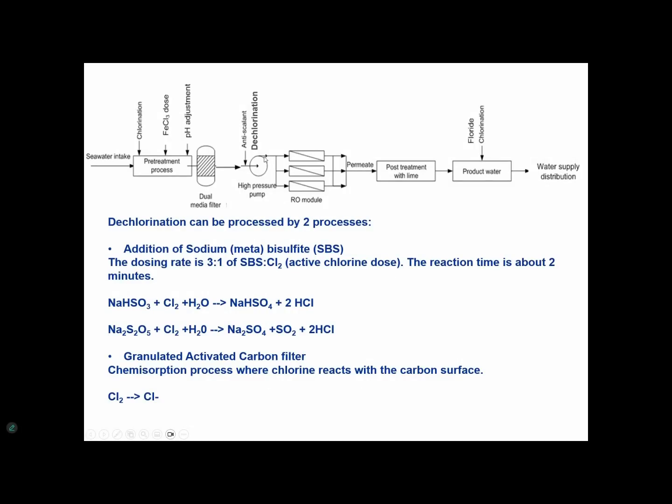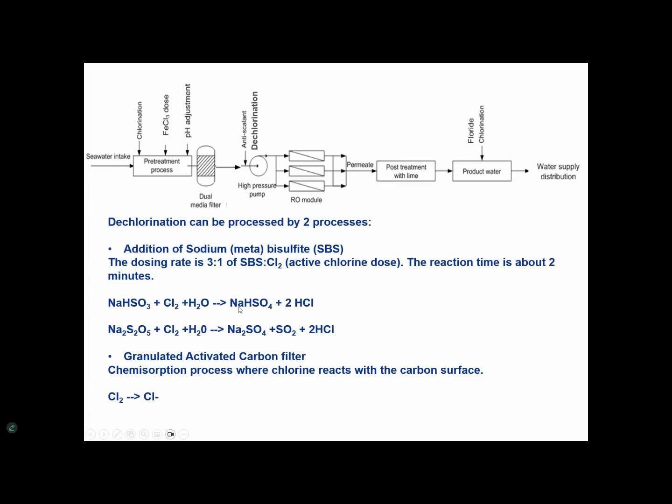Also, chlorination, dechlorination. So what happens is you chlorinate it and then dechlorinate it. You can add SBS, sodium metabisulfite, so this can combine with the chlorine.